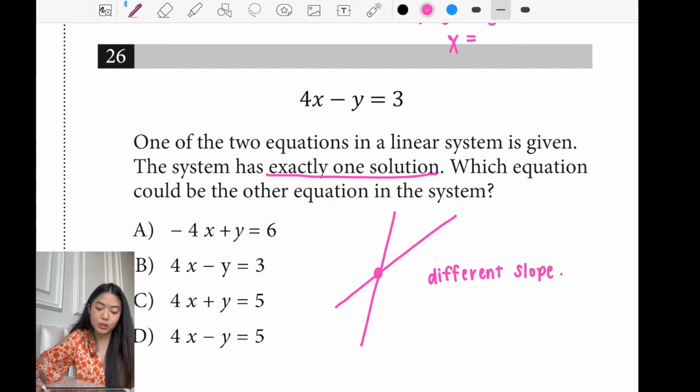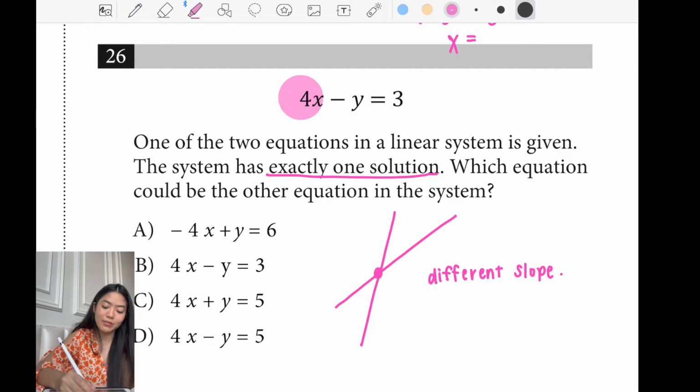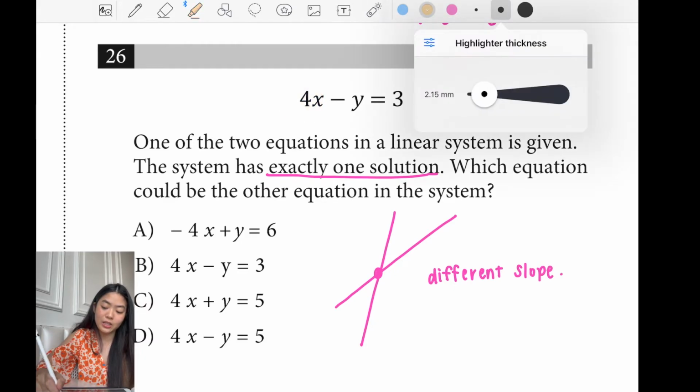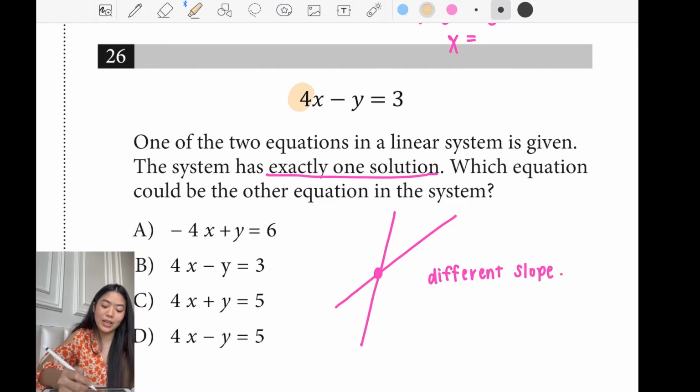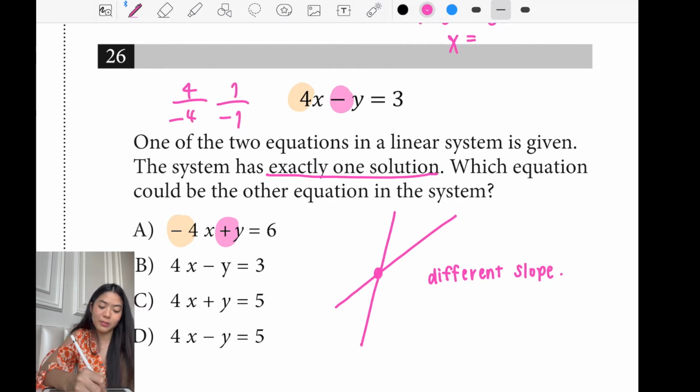For the different slope, we can quickly divide the number in front of x by the number in front of y. If we divide this, it would be negative 1. But if you divide this, 4 divided by negative 4 and 1 divided by negative 1, they equal each other. So this one has the same gradient. This one is not the answer.